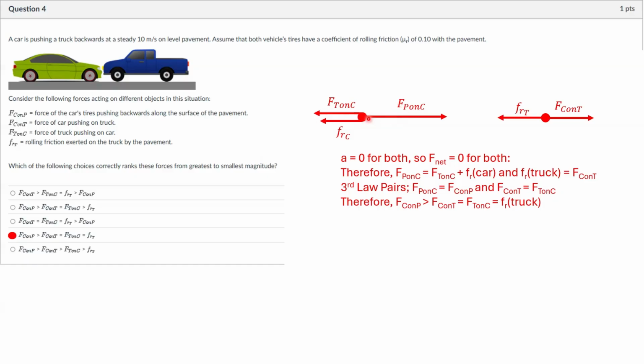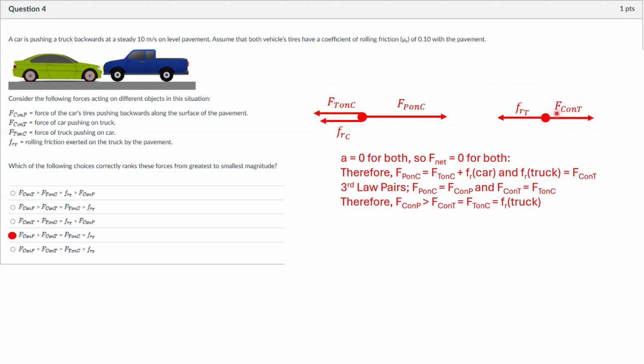So pavement on car, that must be what gets the car to go forward. It must be equal to the force of the car on the pavement, Newton's third law. Rolling friction back, force of the truck pushing on the car. That would be what's acting on the car horizontally. If we were to then look at the truck, well, if the truck is pushing back on the car, then the car must be pushing the truck forward.